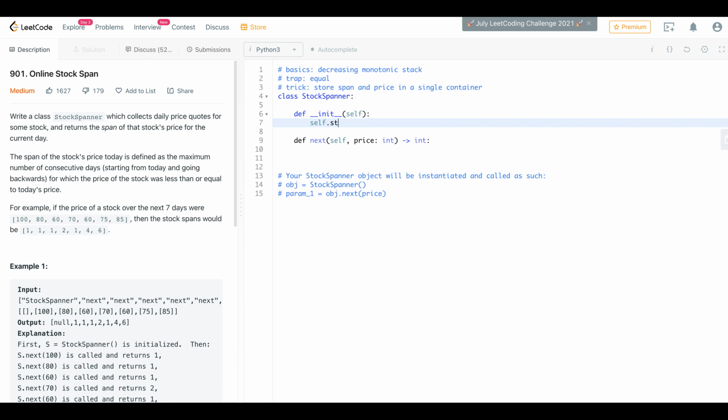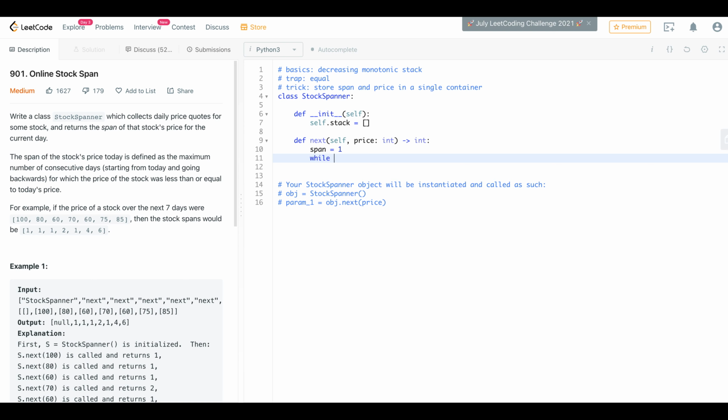So of course you need a stack to track, for using a monotonic stack. For each given new price, by default its span would be 1 because it itself also counts as 1. So it would have a lower previous price if it is higher than the previous price.